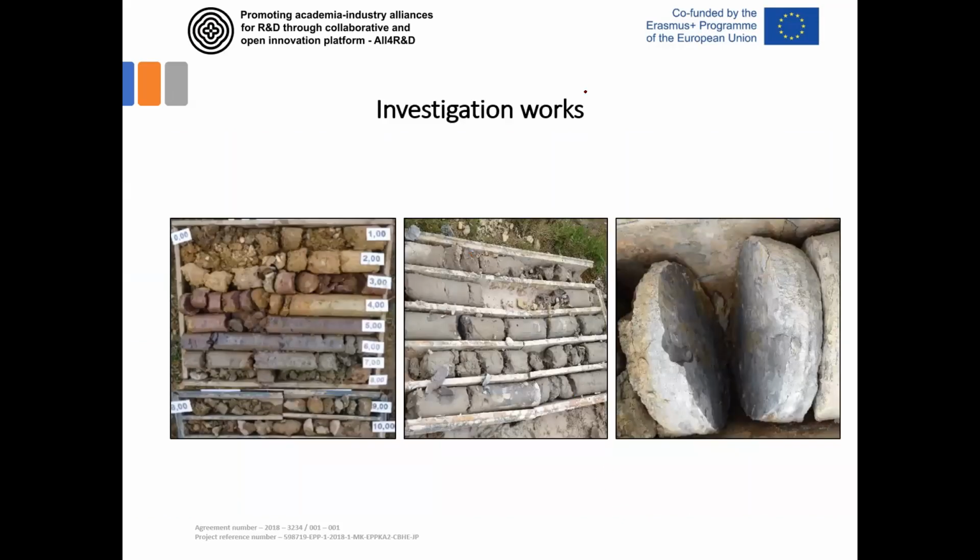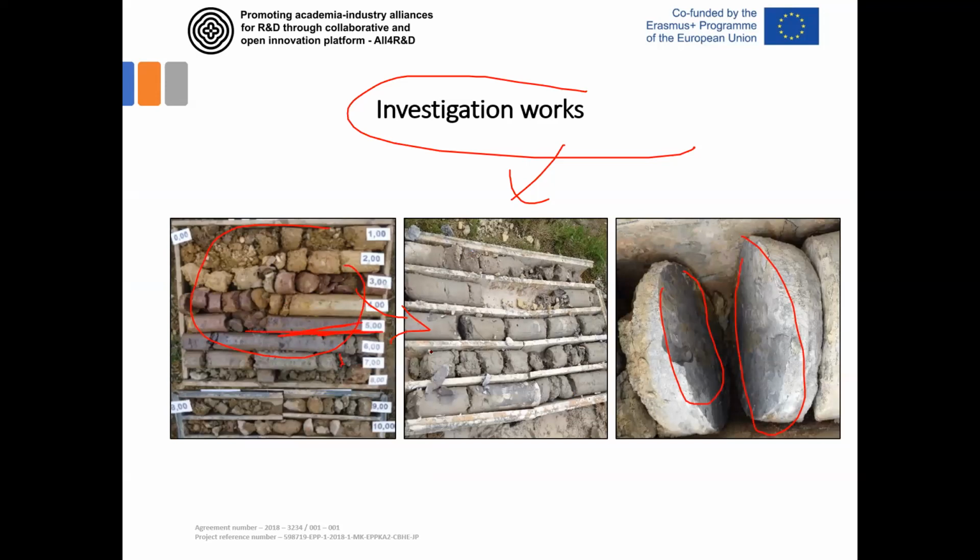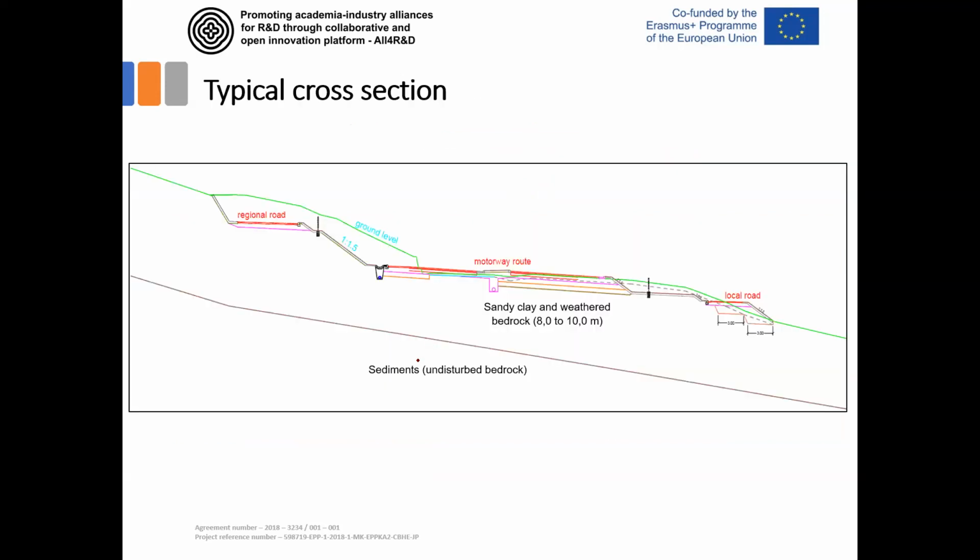The investigation works, boreholes, confirmed the information given by Sarac and Jovanovic. So it's a topsoil layer 5 or 6 meters, followed by different types of sedimentary rocks like marl and sandstone, where the bedding planes are so well defined that sliding really could occur along these bedding planes, not only at the contact between surface soil and this weathered rock.